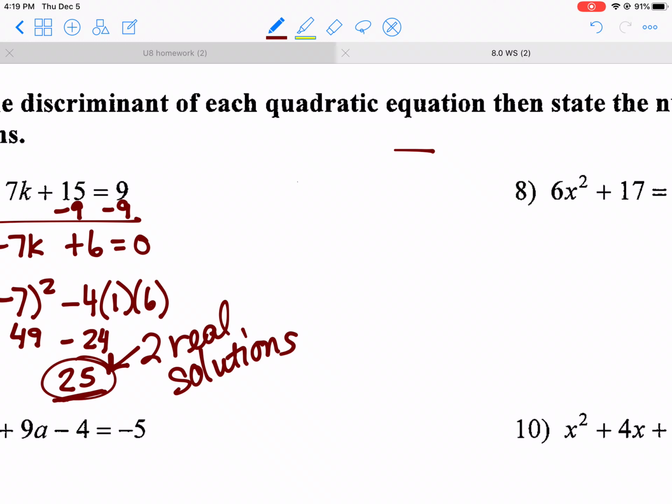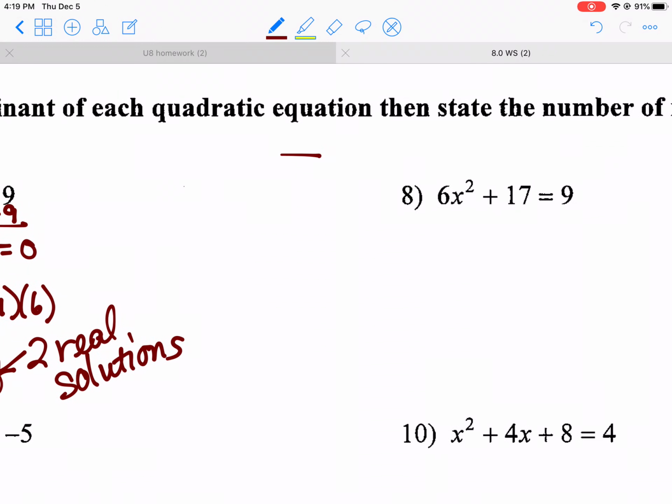Every time I get a negative discriminant, so pretend that that had been negative 25, and think about taking the square root of negative 25. That's going to be 5i, right? So this now is an imaginary solution that we would have. We'd still have the plus or minus in front of it, so we have still two solutions.